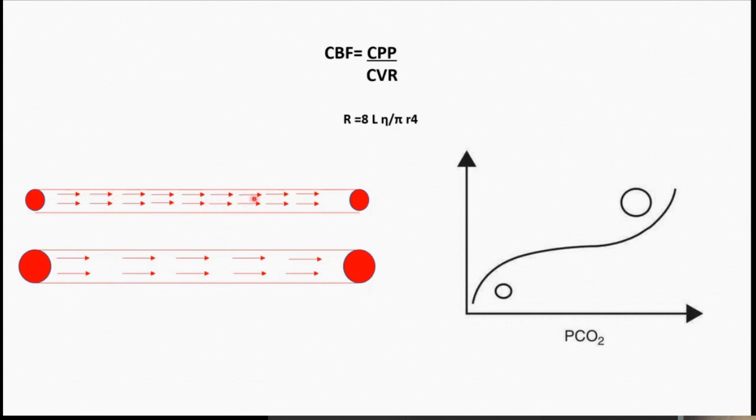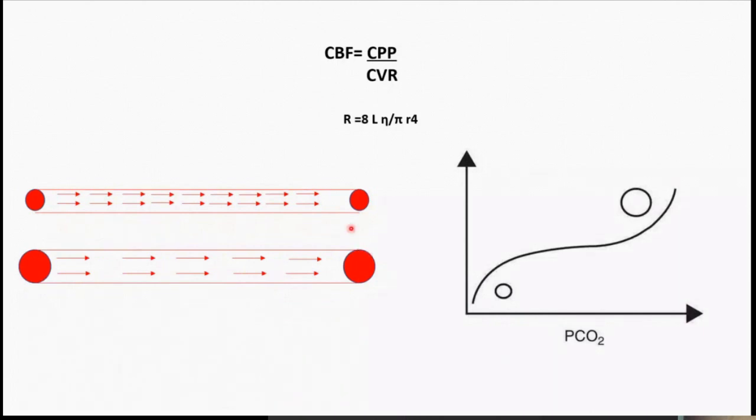And if it is having a higher resistance, it means that the cerebral blood flow will be much lower. If we look at this one, this is a larger blood vessel, and there's more space for the components of the blood to flow. And when they flow through this, the resistance is less, and this means the cerebral blood flow is more.